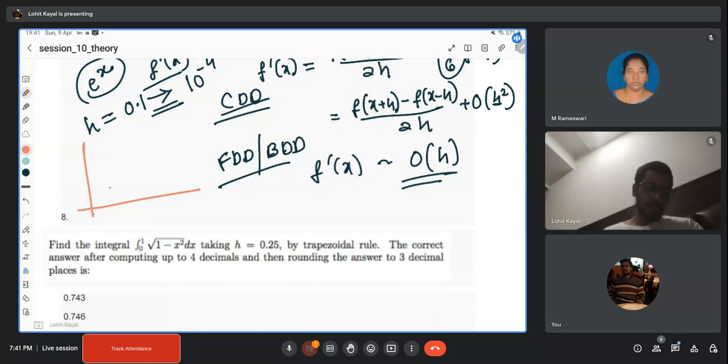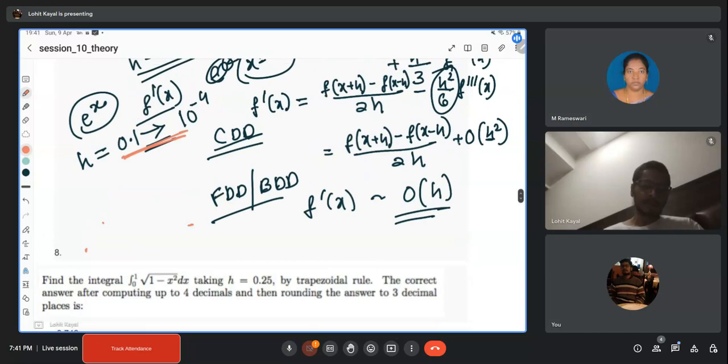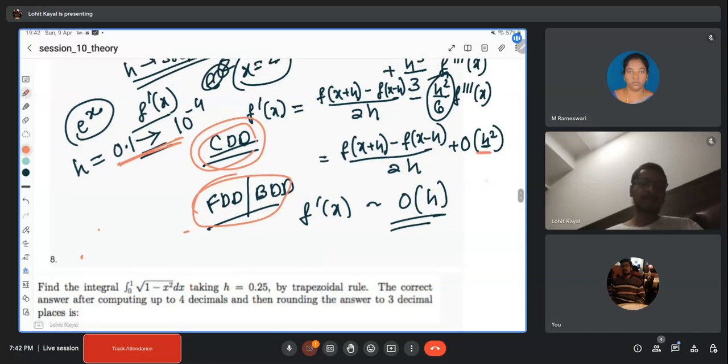So you will find that if you continuously decrease your step size, in the central difference approximation the error will reduce much faster compared to the forward difference or the backward difference scheme, because here the error is of order h square.